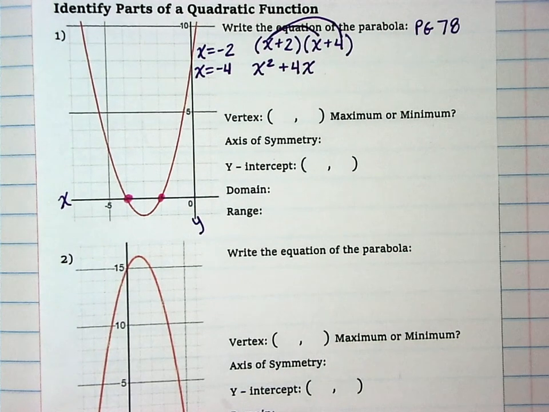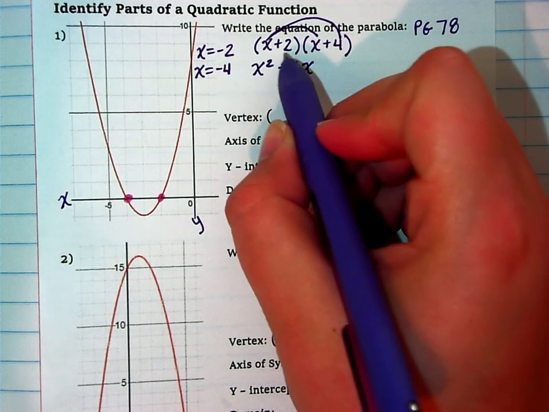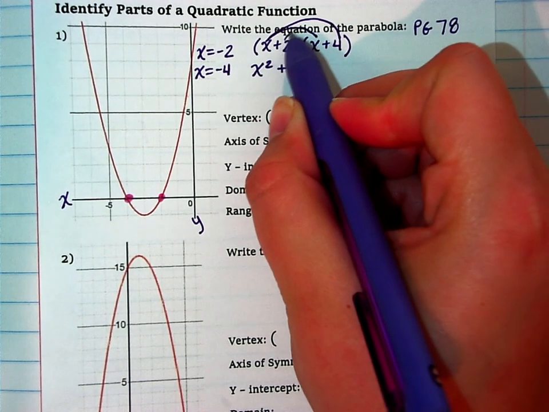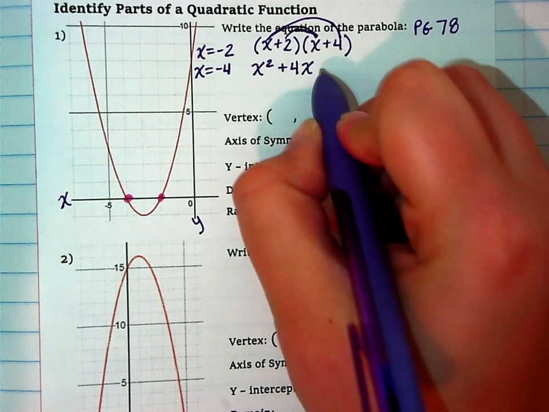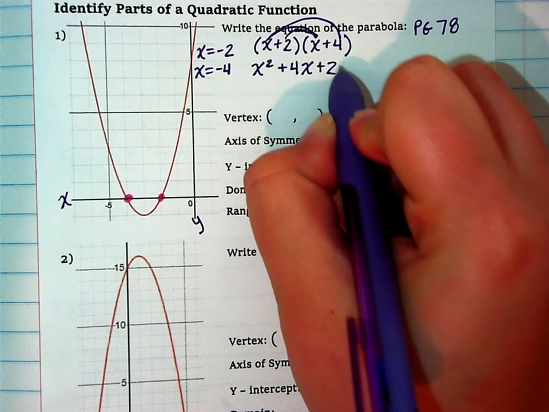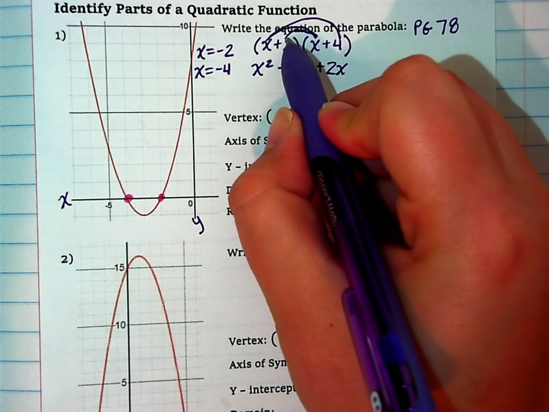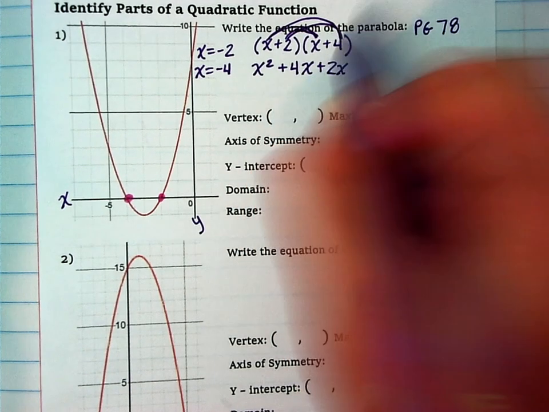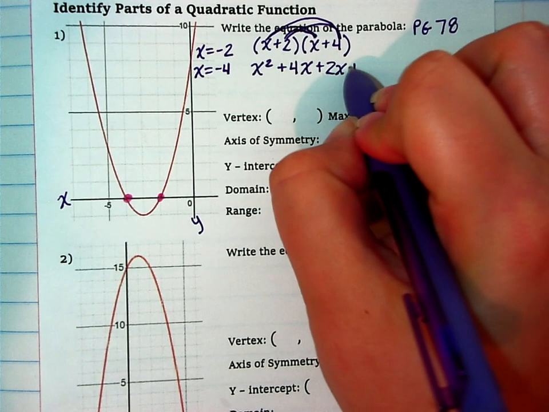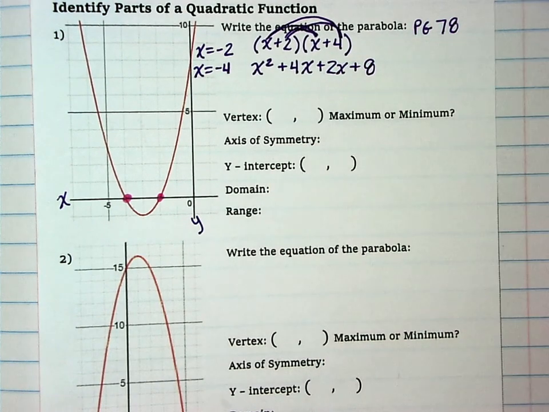Okay, we're done with the x. Now we need to distribute the positive 2. 2 times x is 2x. And 2 times 4 is 8.